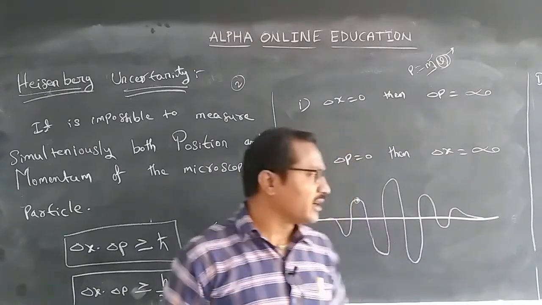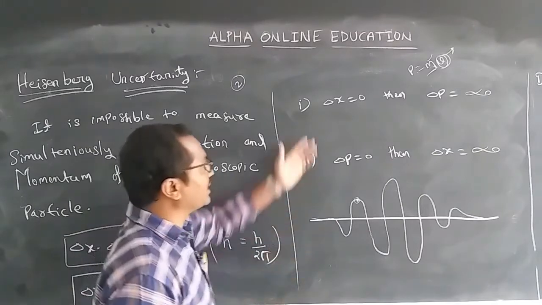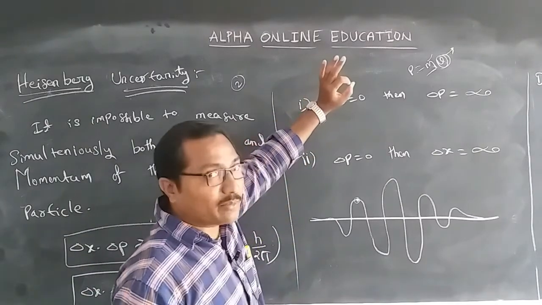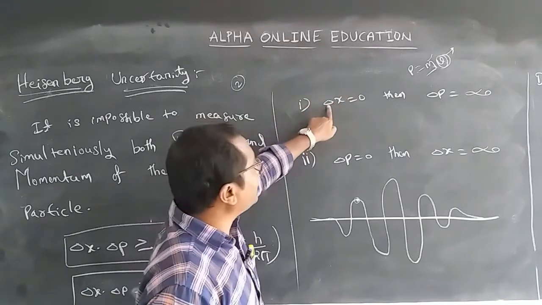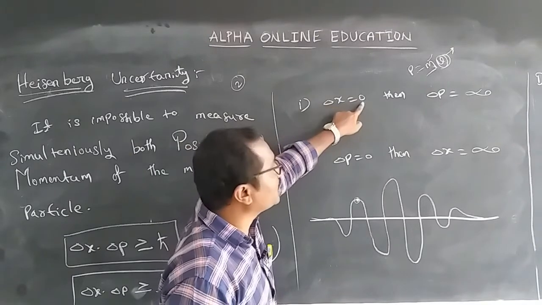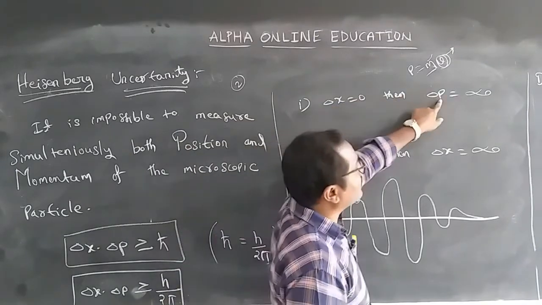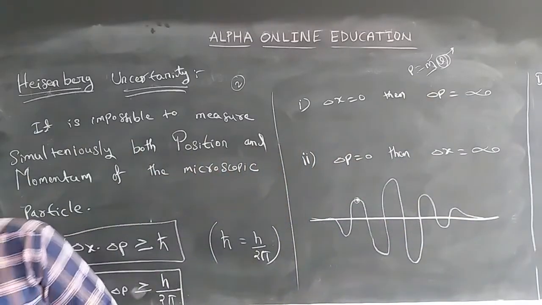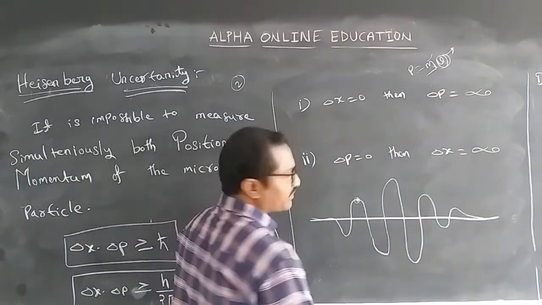Okay, right. Now further, if you wanted to discuss this, I am talking about the position, exactly the position. Then delta x means change in the position. So delta x, change in the position, will be 0. Then automatically this change in the momentum becomes infinity. How is it going to become infinity? Yeah, we will take a look at this.